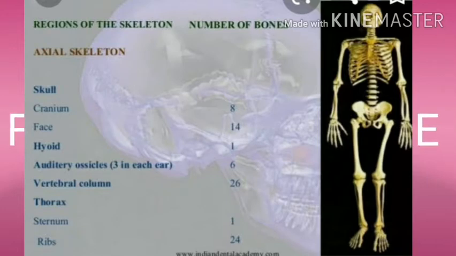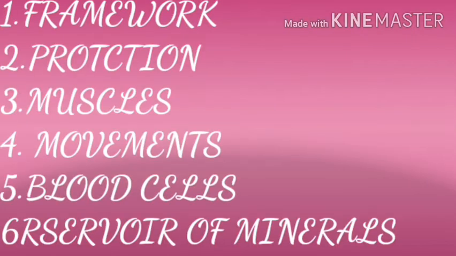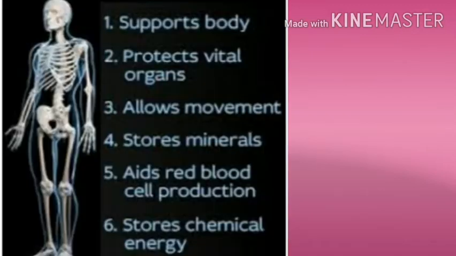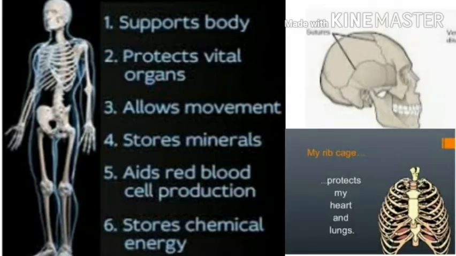Functions of bone. First function is framework. The bony endoskeleton forms the supportive framework of the body. Number 2, protection. It provides protection to vital organs like brain, heart, lungs, etc. Number 3, muscles.